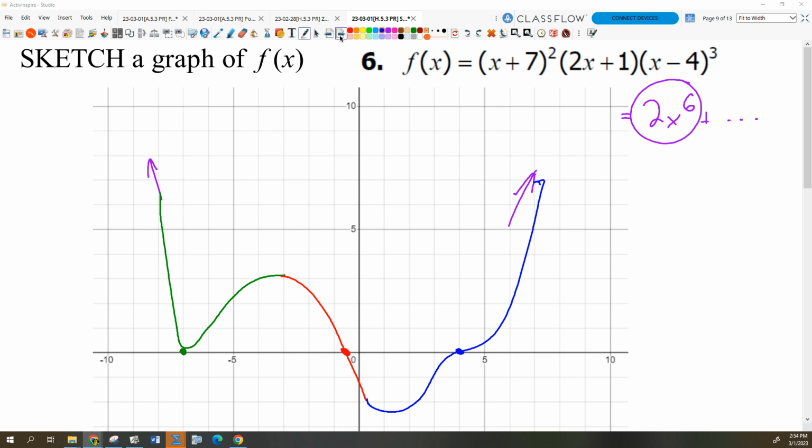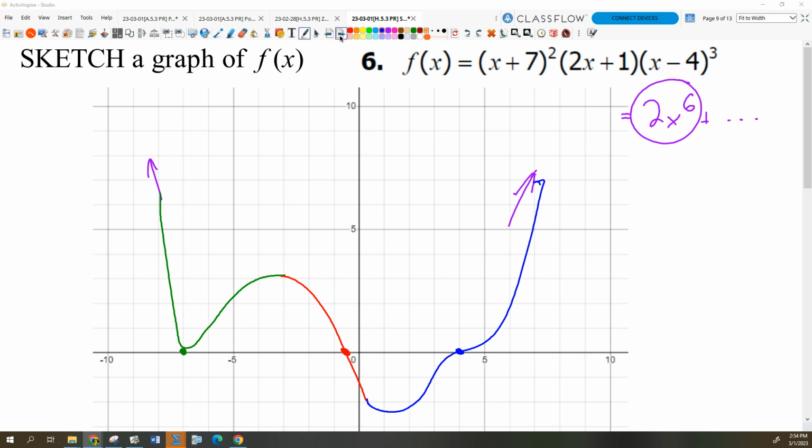If we combine that with the end behavior, right? If we look at this function, to know the end behavior, I just have to determine what is the leading term, right? And what would I get there if I did that? I would end up with an x squared from that first part, right? If I square out x plus 7, I get x squared plus a bunch of stuff times 2x.